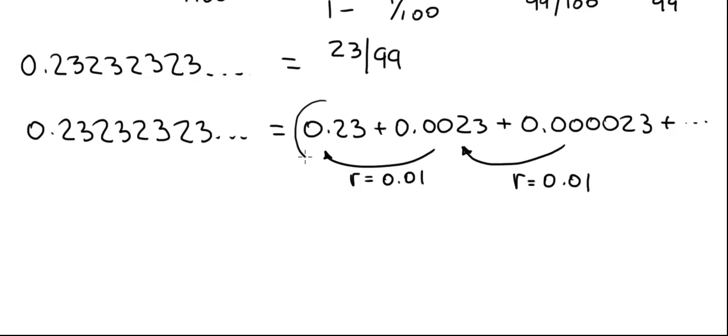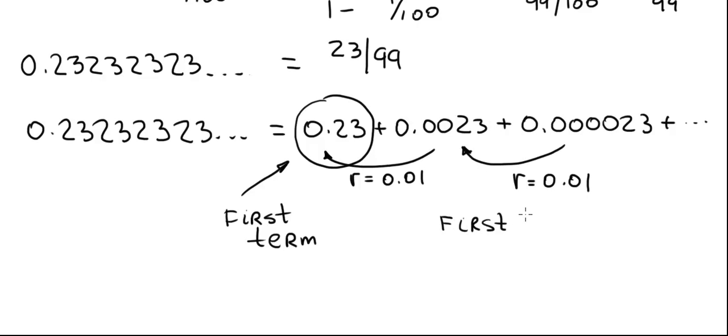Now this 0.23 is the first term of our series, and once we are sure we're working with a geometric series and r, the common ratio, is between -1 and 1, we can go directly to the sum, which is the first term divided by 1 minus the common ratio.